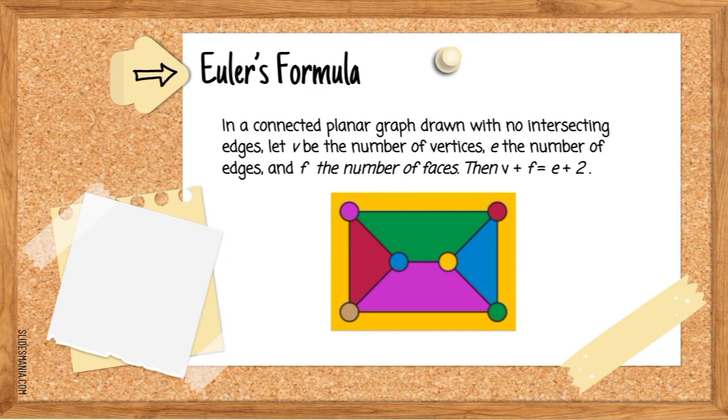So, for example, if F is unknown but the vertices and edges are known, so V is equal to 6, E is equal to 9, so you have 6 plus the number of faces is equal to 9 plus 2, so 6 plus F is 11. Therefore, F is equal to 5, so as shown there are 5 faces, including the outside face colored yellow.